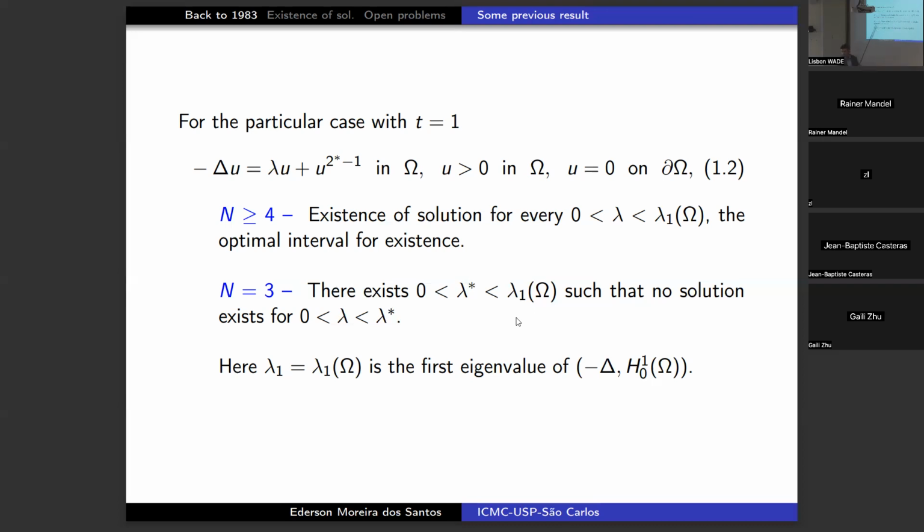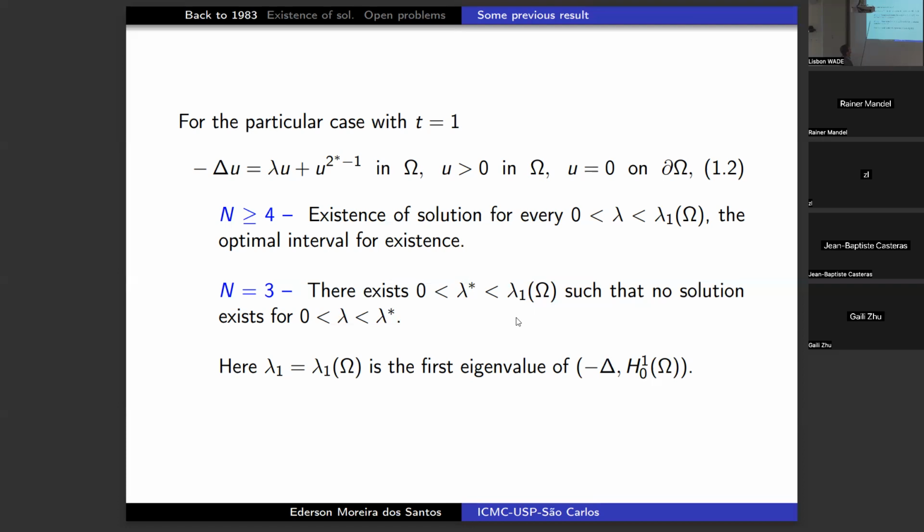This is the optimal interval for existence of positive solutions in a star-shaped domain. For lambda less than or equal to 0, we know that there is no positive solution, and this comes from multiplication by the first eigenfunction.